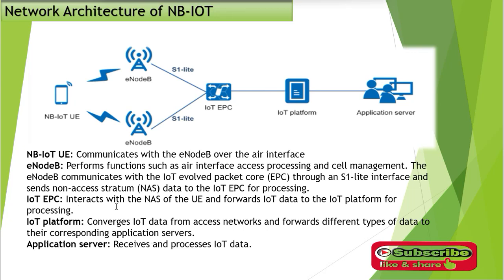The IoT EPC interacts with the NAS of the UE and forwards IoT data to the IoT platform for processing. This IoT EPC communicates with the IoT device through the NAS procedure, and sends IoT data to the IoT platform for processing.